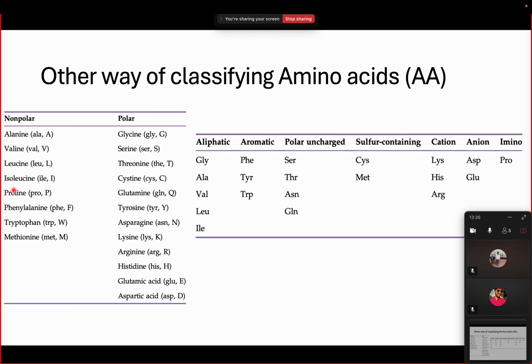So that was one type of classification of amino acids. As I have mentioned plenty of times in the last class, you can classify amino acids in various groups. It will completely depend upon what criteria you are selecting to classify them, right?